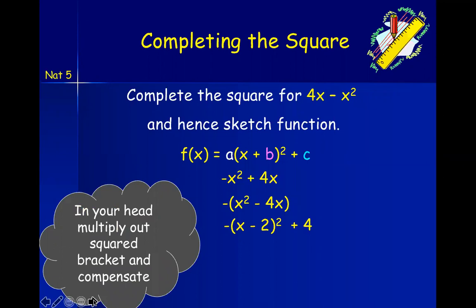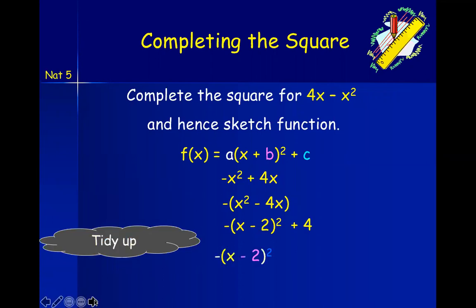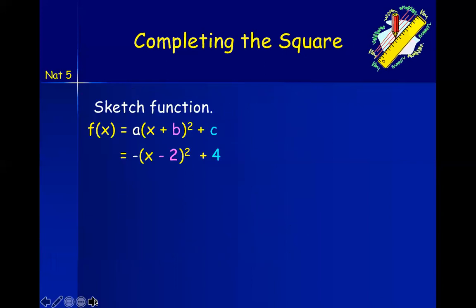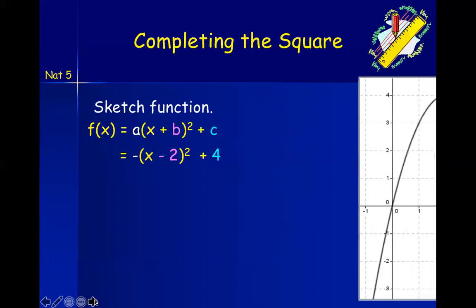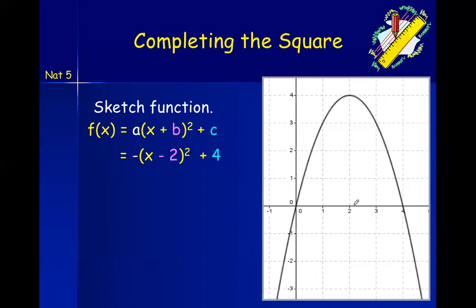Now to sketch this function, x equals 2 is my axis of symmetry, and I get a maximum turning point of 2, 4. There's nothing to tidy up. So to sketch it, when x equals 2, I get a maximum turning point of 4.